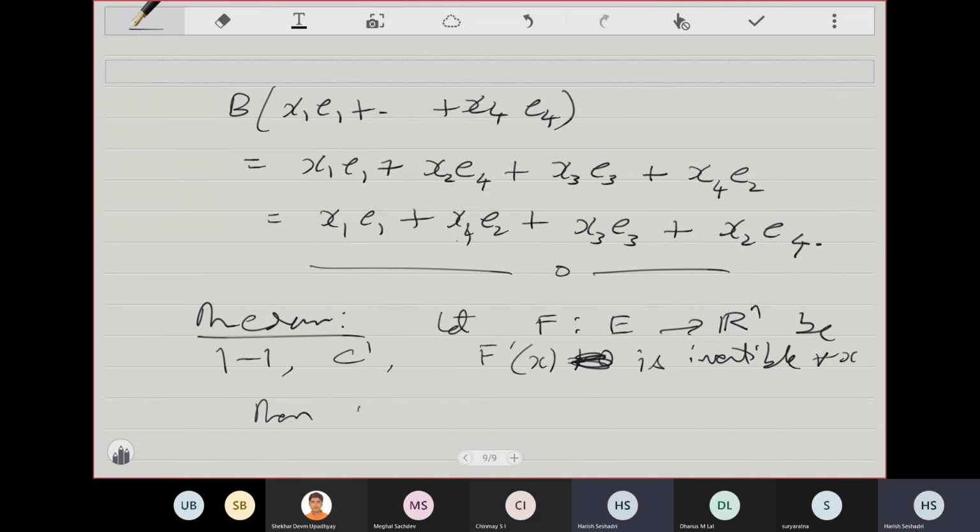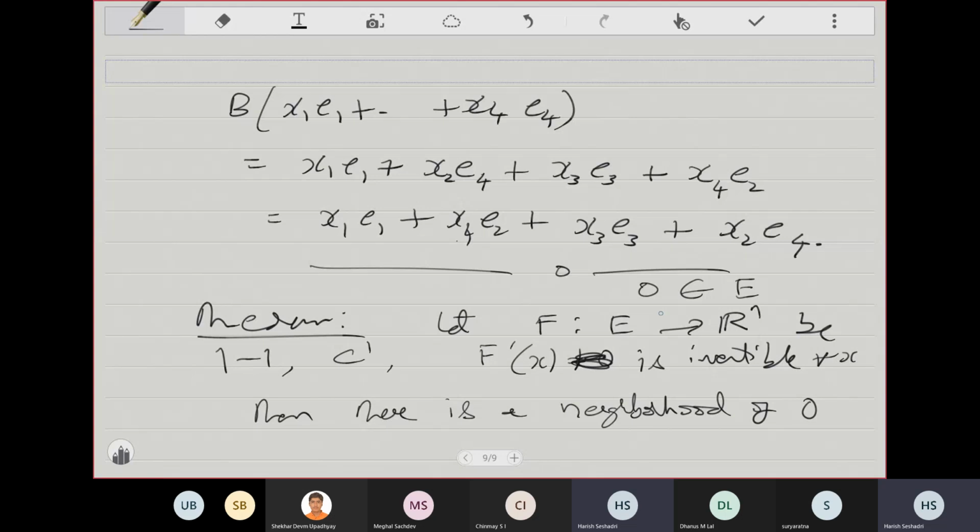there is a neighborhood of 0. Oh, here I have to assume that zero is in E. Even if you don't assume this, you will get a corresponding statement. It will be slightly more complicated.